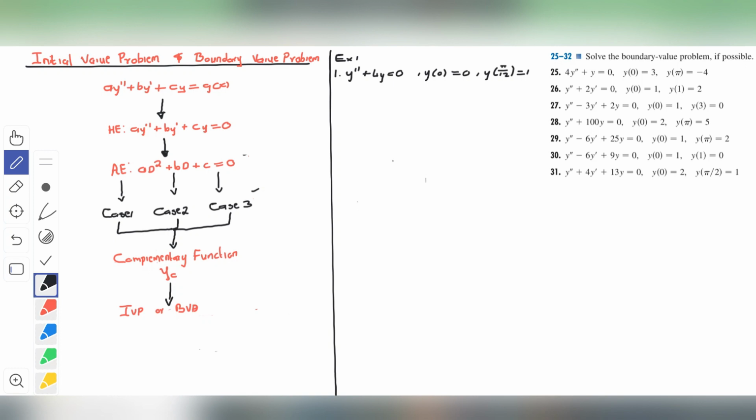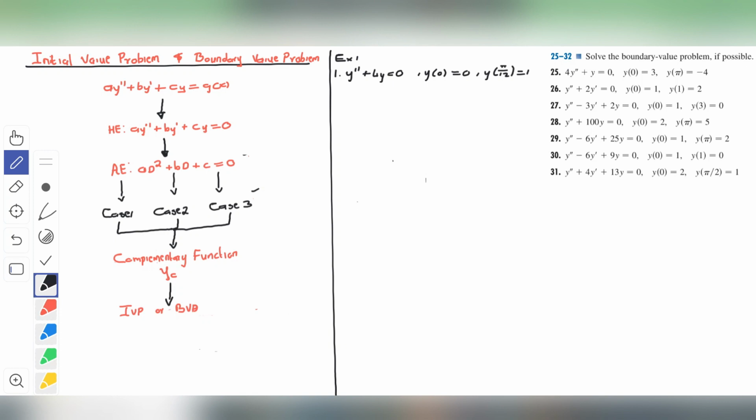So guys, what is the difference between the initial value problem and the boundary value problem? Remember, in the initial value problem the points we had were y of something, and the second point was y prime, the derivative, right?